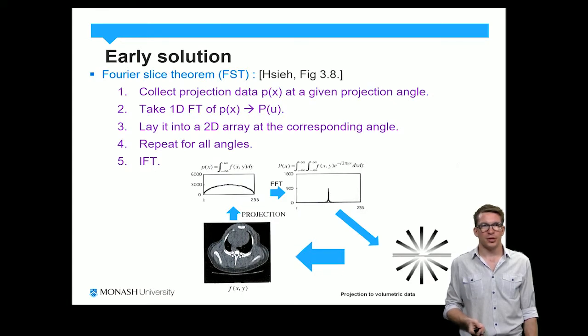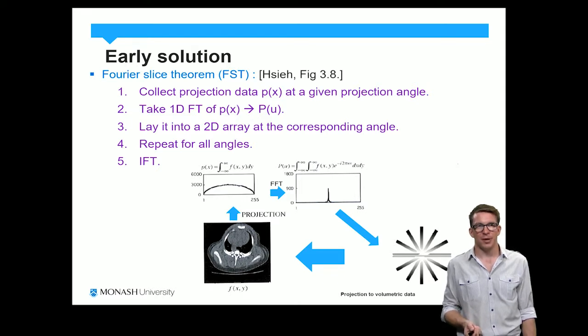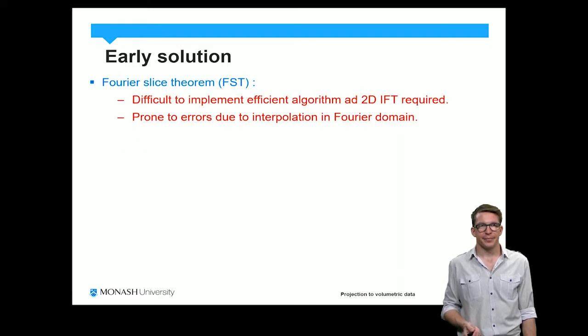And here's what the recipe looks like. So this is the basic recipe that we encountered last time, except we didn't give any of the formal proof of it last time. So now we've proven it. Now, there are a couple of issues with the Fourier slice theorem.